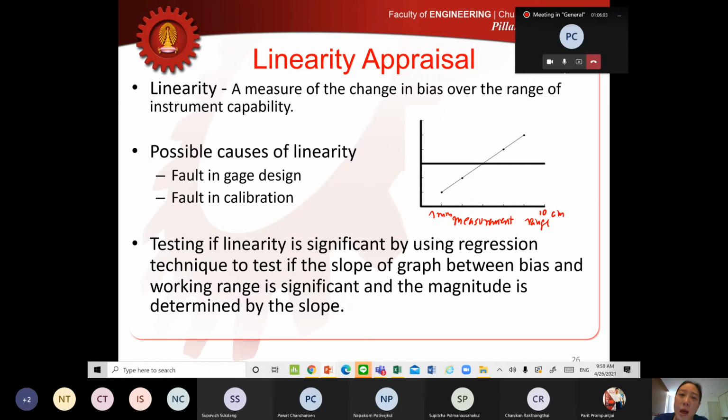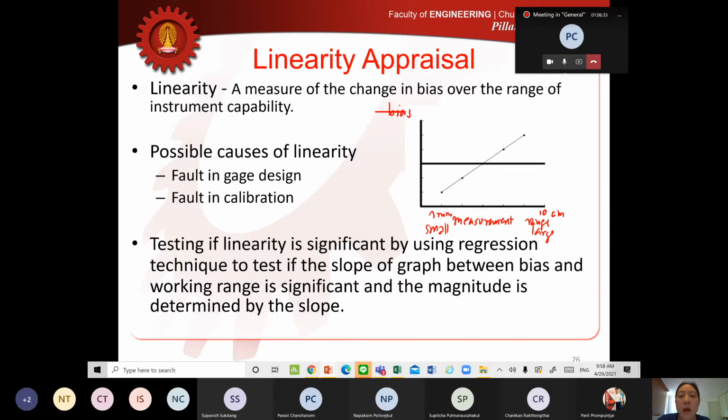Or you can have any device, for example, a voltmeter, where the range can be from 1 volt to 100 volts. Then you want to see whether the bias is the same or different when you measure a part which has a small value versus a large value.